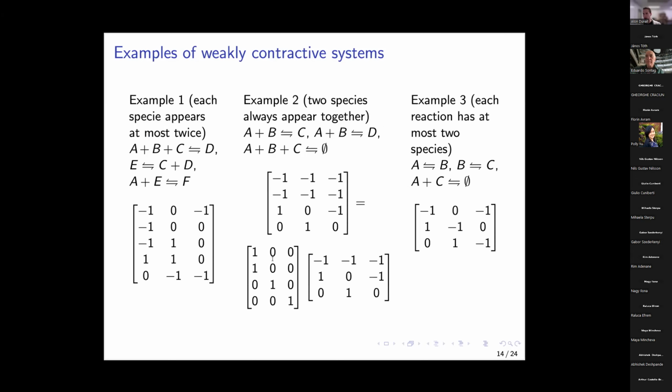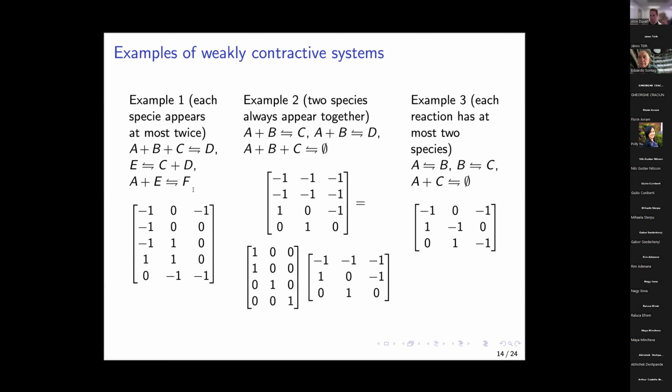Yeah, okay, I'll go back to these. Here are a couple of examples of reaction networks that can work. But yeah, so in the matrix S, each column has at most 2 non-zero entries. The transpose is such that each row has at most 2 non-zero entries, and that's essentially saying each species appears at most twice in the transpose.